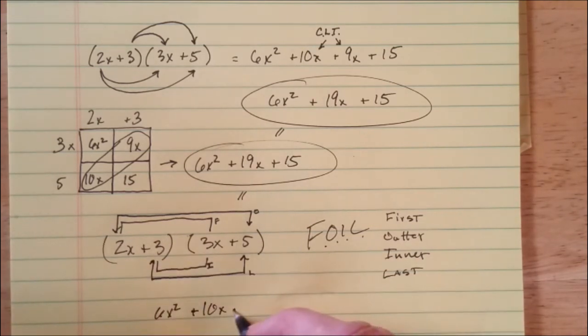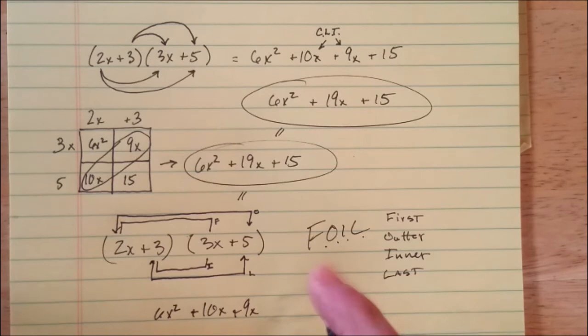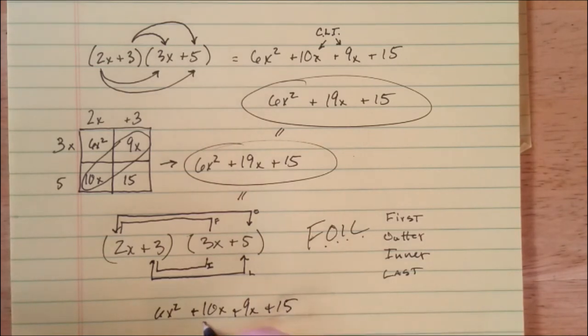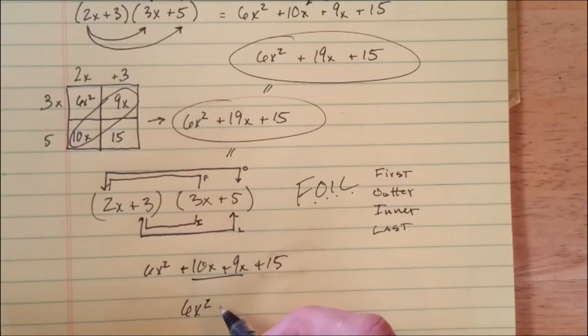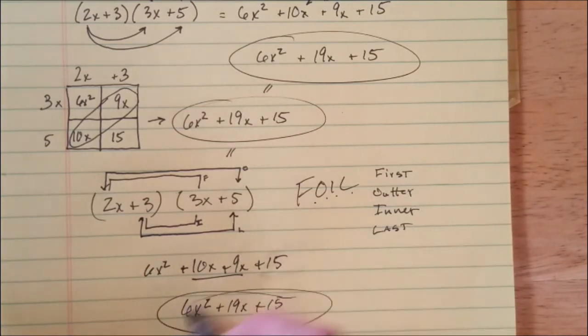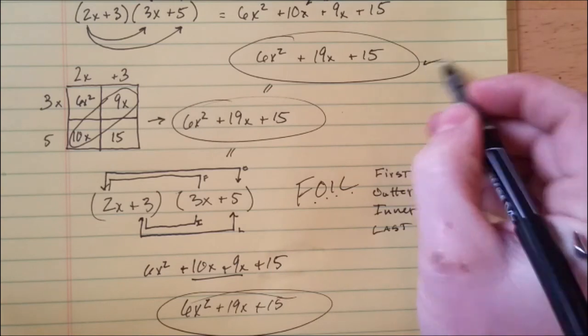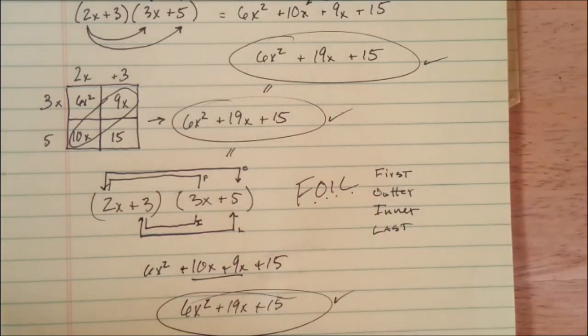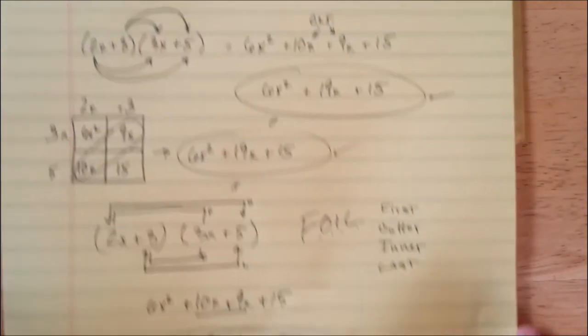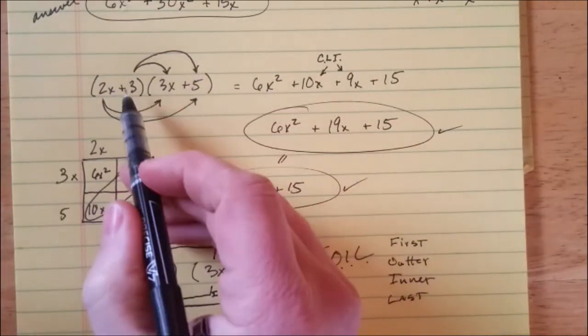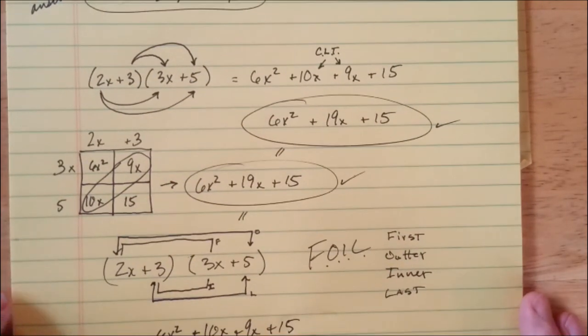Inner, 9x. Last, 15. Don't forget to combine those like terms, always. 6x squared plus 19x plus 15. All three methods gave us the same answer. And what were we doing? Ultimately, we are multiplying a binomial times a binomial.